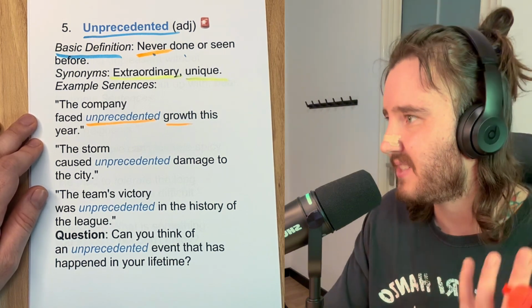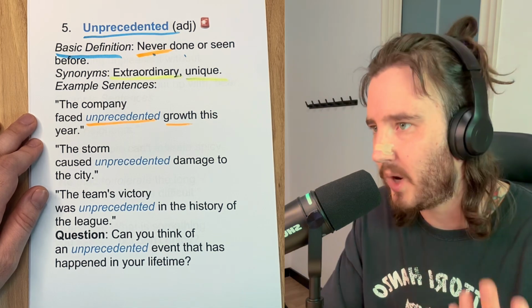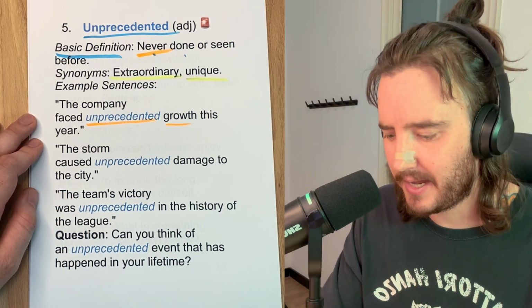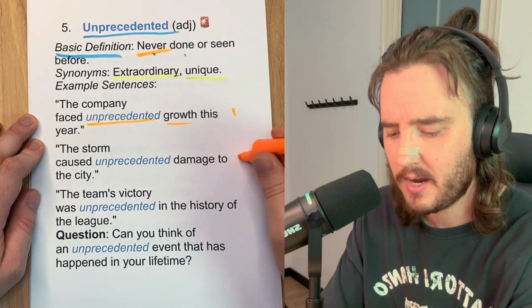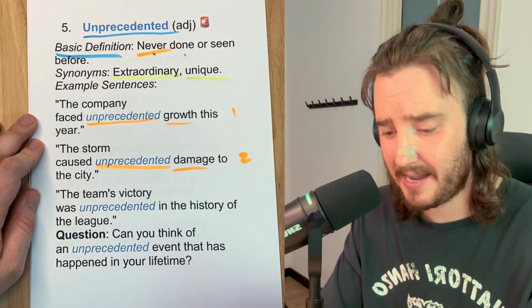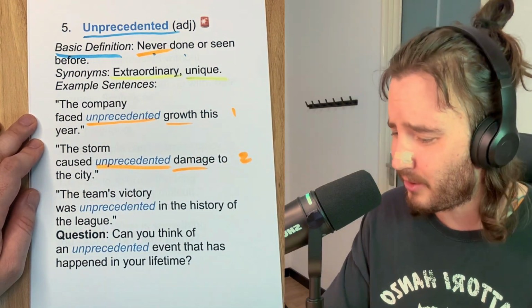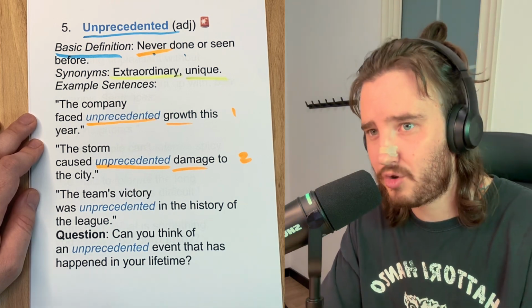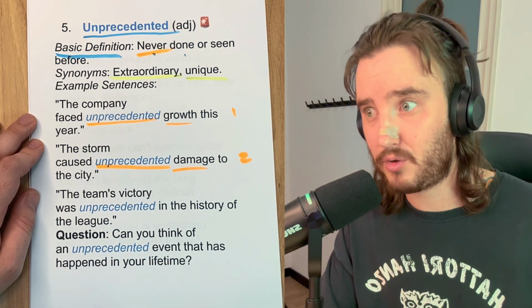So the company has never seen, never witnessed, never experienced growth like this. Okay, that's the first one. Number 2, the storm caused unprecedented damage to the city. Oh no, right? So the city has never been damaged by a storm like this before.